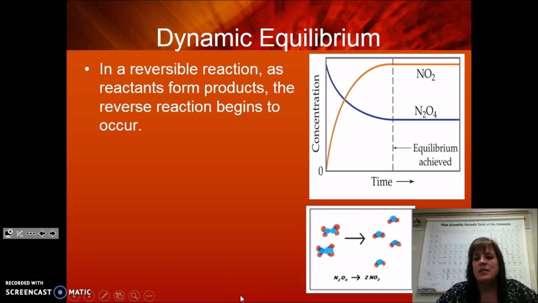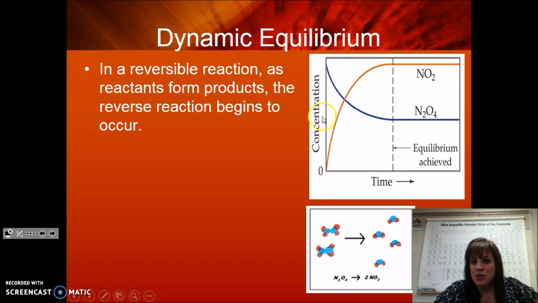So let's take a look at this reversible reaction from a concentration standpoint. Concentration is the amount. And in the beginning, if we look at the reaction of N2O4 going to 2NO2, we can see that initially we have all reactant at time 0. We have all reactant N2O4, but as we start to form our product NO2, this concentration starts to go up at the same rate that this goes down.